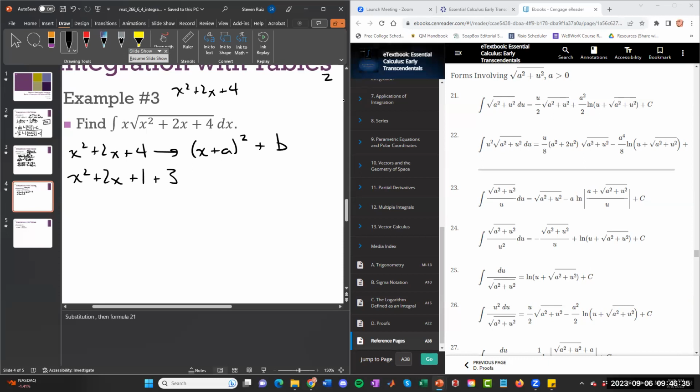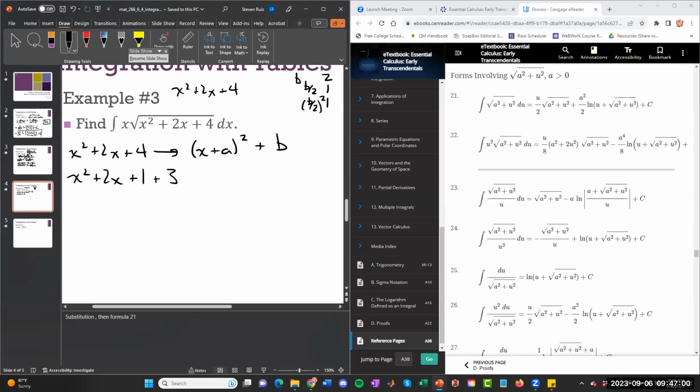What's half of that? That's 1. If I square that, I get 1, right? So basically this is b, then b over 2, and then b over 2 squared. This number 1 right there is the one that completes the square.